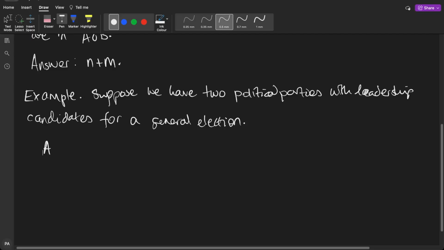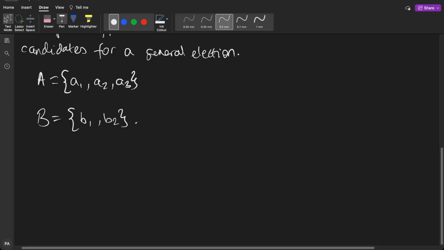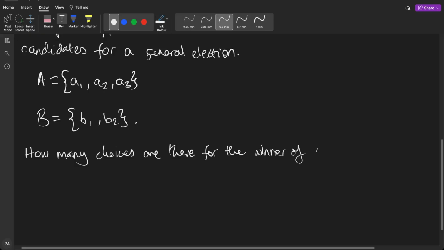We'll say that the political party A has leadership candidates A1, A2, and A3, and the political party B has leadership candidates B1 and B2. The question we want to ask: how many choices are there for the winner of the general election?